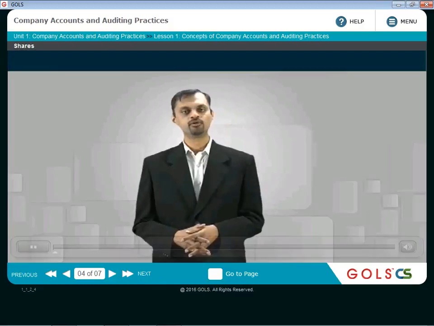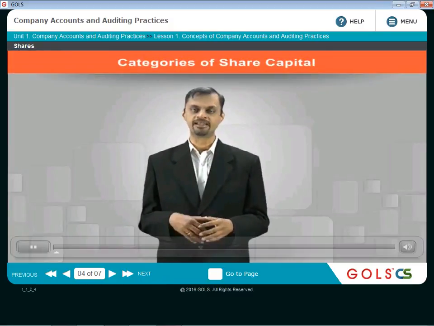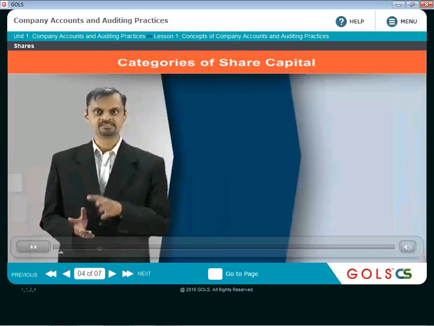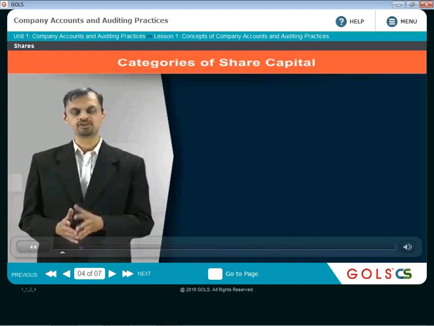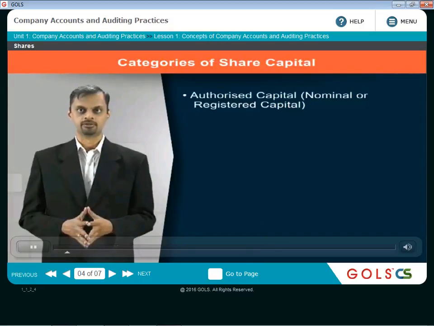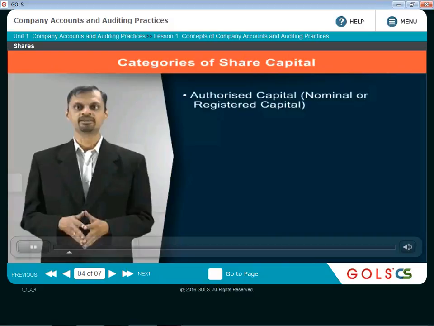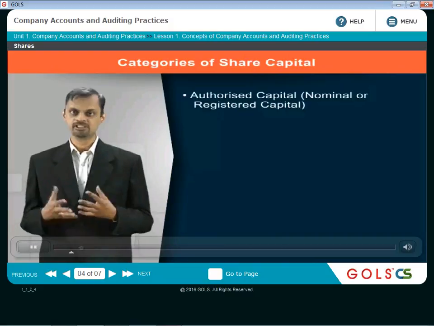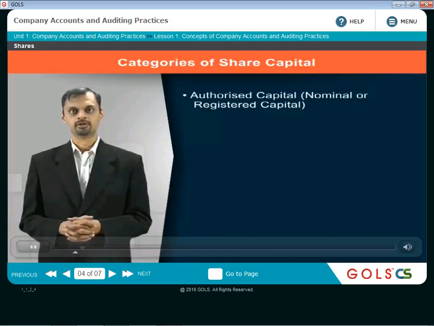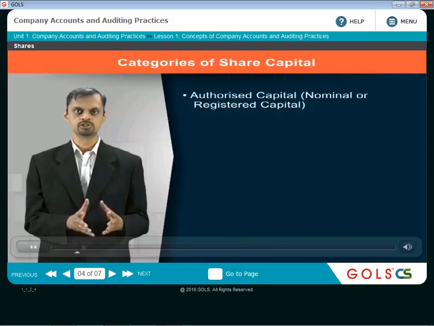Now let us understand what are the categories of share capital, be it equity share capital or preference share capital. These categories of share capital are applicable to both. So starting with authorized capital, it is also called nominal capital or registered capital. Whenever the company is formed, a memorandum of association is prepared. This memorandum of association is basically like a constitution of that company.